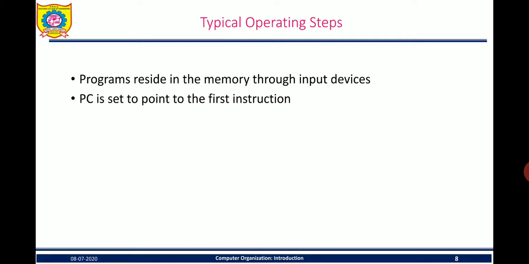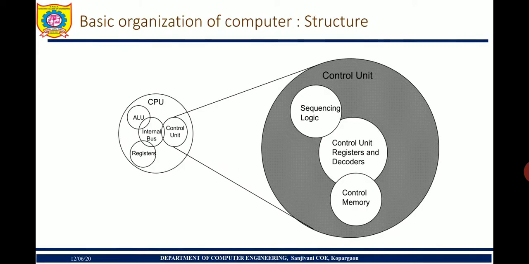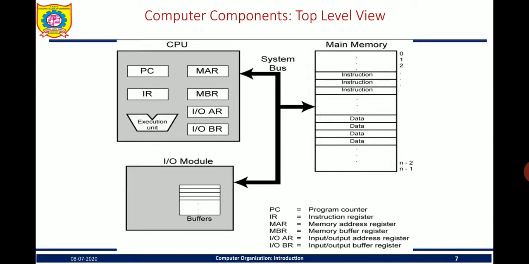Next, the program counter is set to point to the first instruction which is to be executed. Now this program counter in our system always keeps the address of the next instruction to be executed.